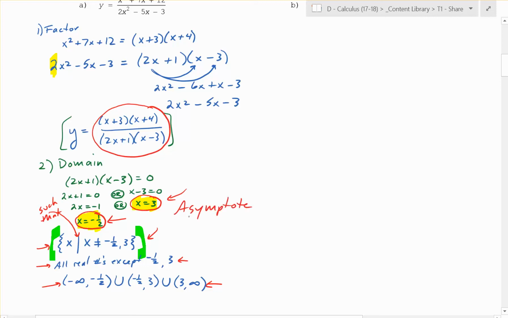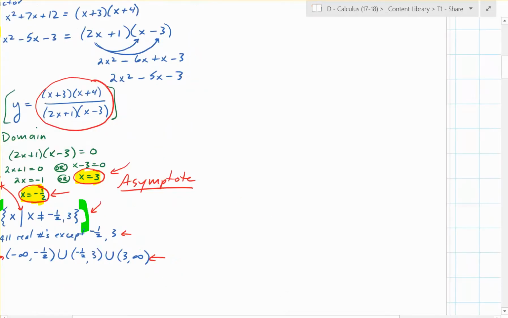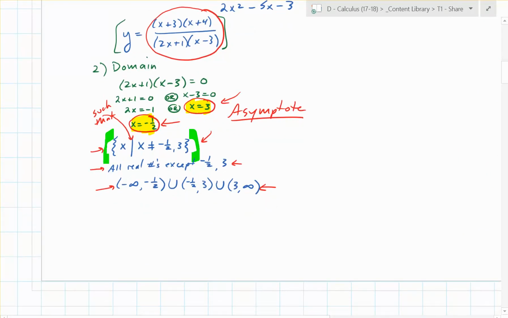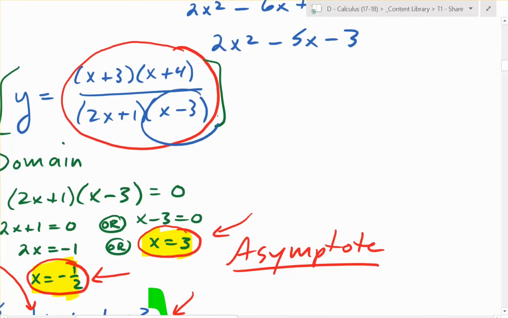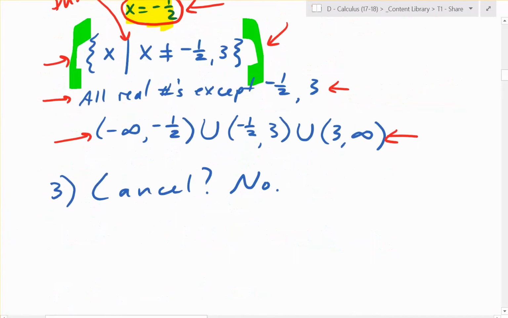Asymptote. You need to know how to spell that. So there's a step 3, which is going to be, is there anything to cancel? We already determined no. There's nothing to cancel in this case. For example, that could have been a +3 and then it would cancel, but there's nothing to cancel. If we canceled, it would make it a hole.